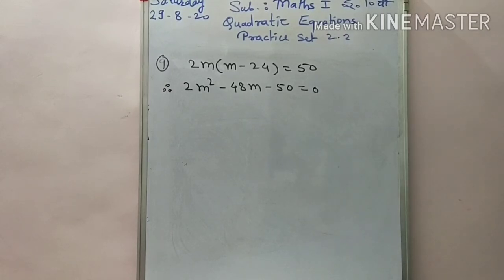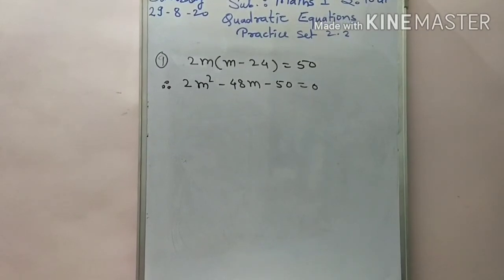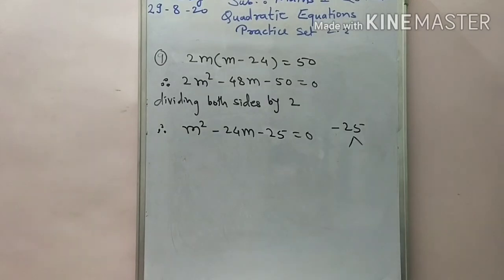Now what we observe here, students, is that 2 is common in each term, so we divide each term by 2. So the equation is now m square minus 24m minus 25 equal to 0, which means we have to factorize this 25 in such a way that the subtraction is 24.